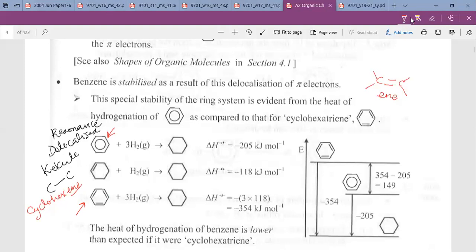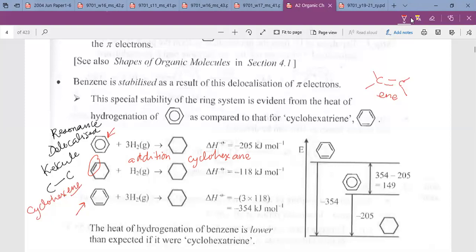If it's one double bond and you hydrogenate it, it hydrogenates very easily because it's very reactive. Remember, it's an addition reaction, and it will give you cyclohexane. Because all of them are single bonds, sp3.